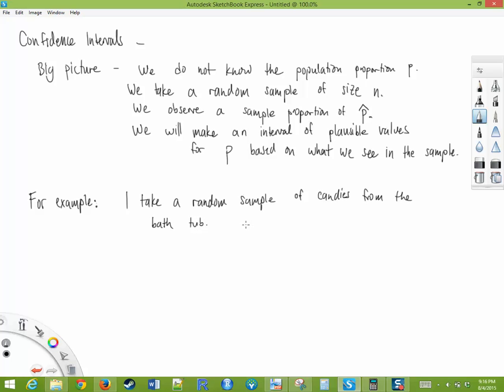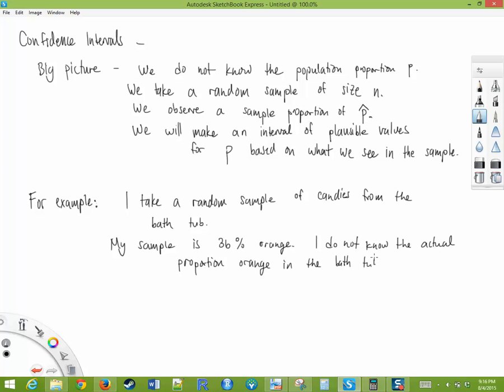My sample is 36% orange. I do not know the actual proportion orange in the bathtub. But because my sample is 36% orange, I will make an interval.